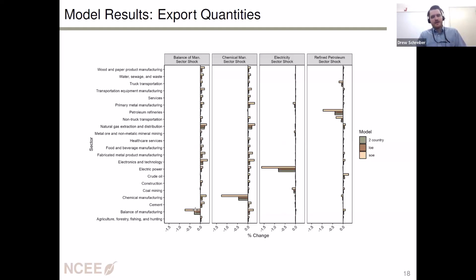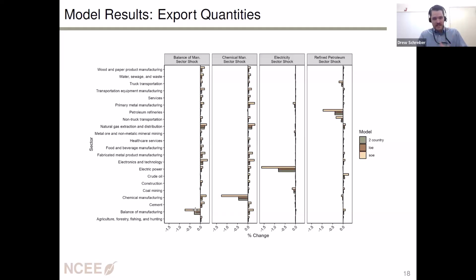Effectively, what the large open economy assumption is doing is adding some curvature to the export demand functions, which translates a pure quantity effect into a price and quantity effect.